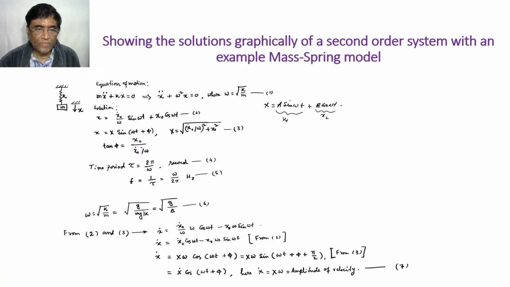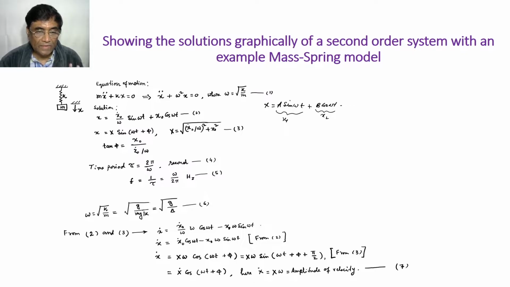From there you can also calculate the time period, because it is oscillating back and forth. When it comes to the same phase, how much time it takes is called the time period.